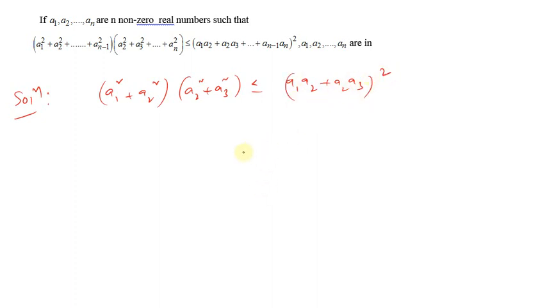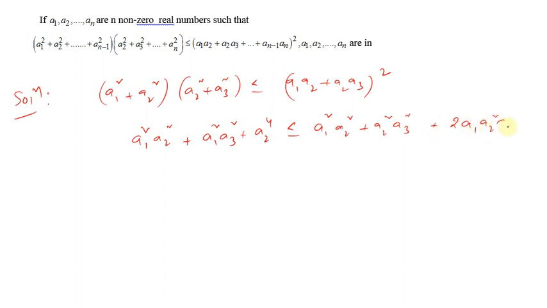So let me take only two terms. Then what happens? a1 square a2 square plus a1 square a3 square plus a2 power 4 is less than or equal to a1 square a2 square plus a2 square a3 square, plus 2 a1 a2 square a3.